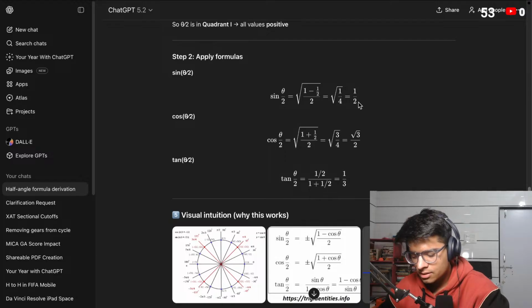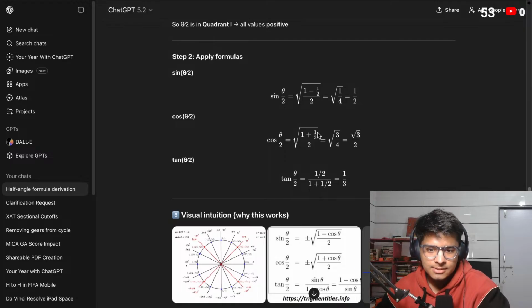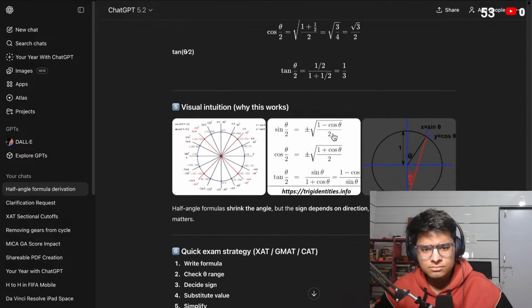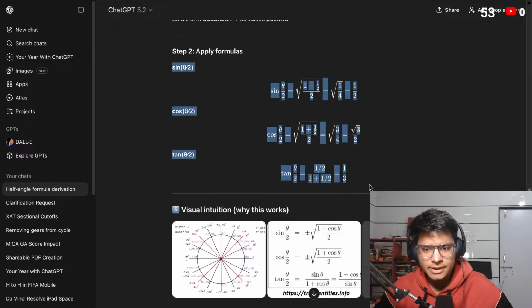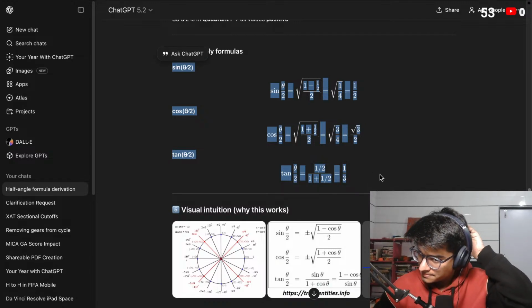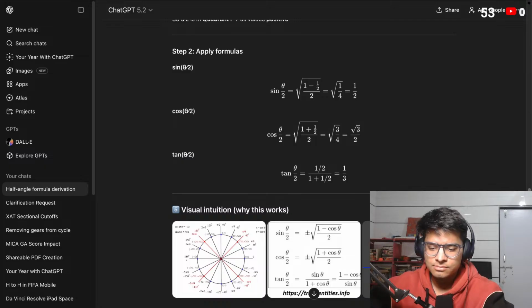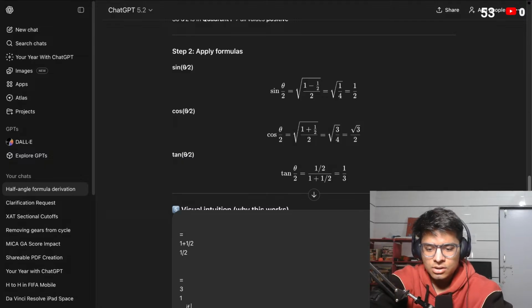So I'm asking why in tan theta by 2 we don't get 1 by root 3, instead we get 1 by 3. Need to ask him. Check for these values.